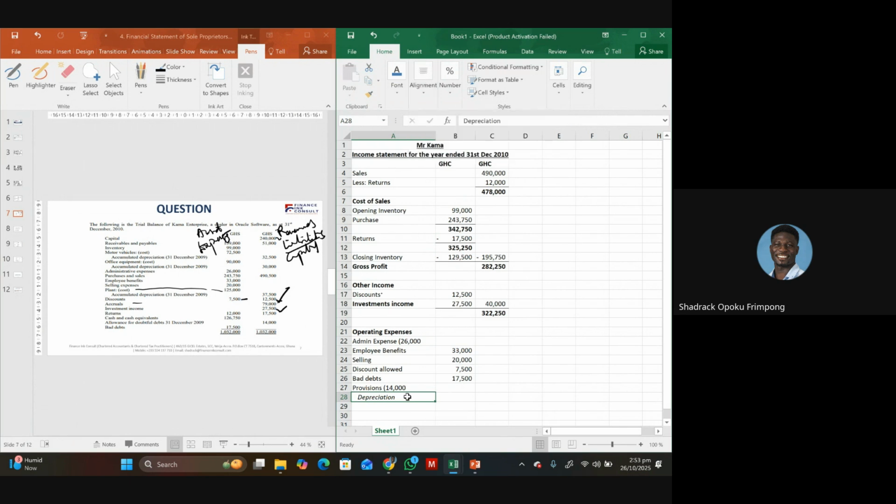So that's good. So depreciation, we have to do that of what? Our motor vehicle.